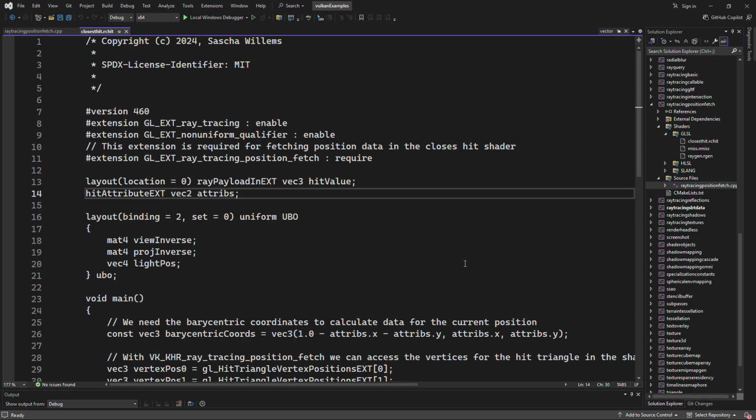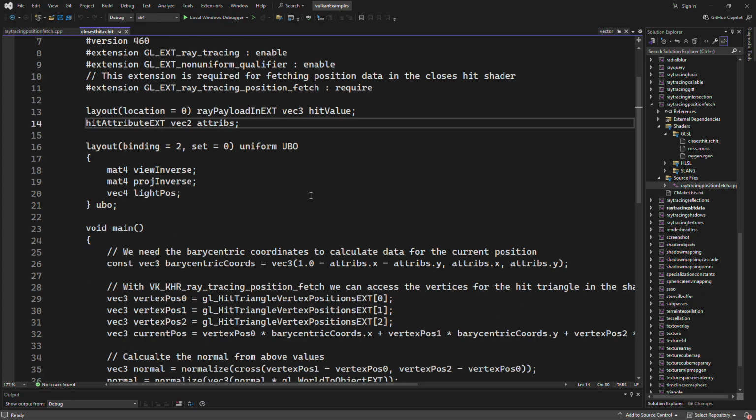These are the weights relative to the vertex positions of the triangle. Again, we don't necessarily know the vertex positions of the triangles unless we take advantage of the ray tracing position fetch extension, but that's a different discussion. We get the weights with this attributes variable, and we need the barycentric coordinates to calculate data for the current position.